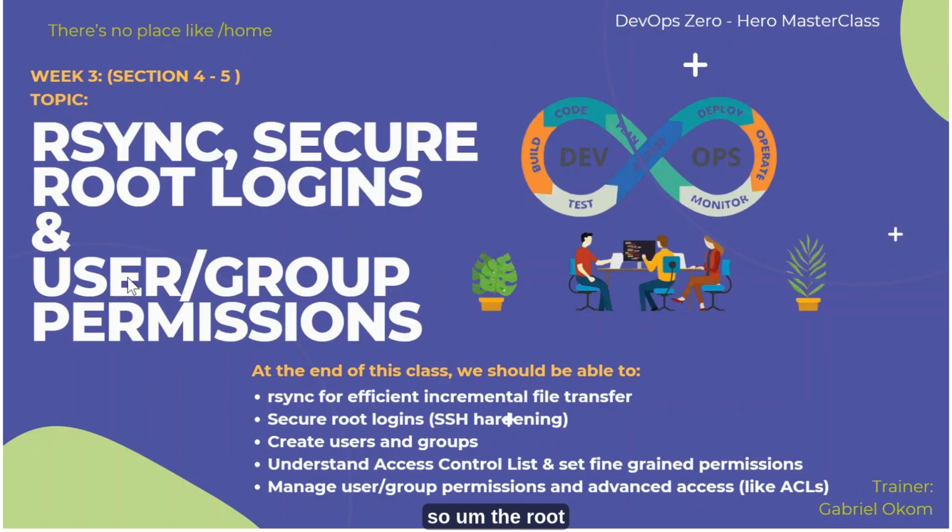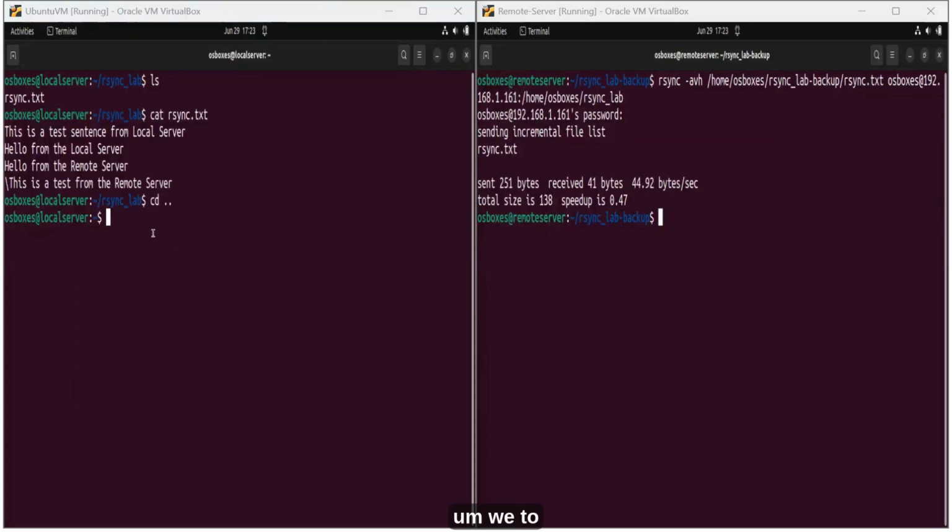So the root user is also a user, but it's a super admin user that is automatically added to the sudo file. To switch to your root, you say su with a dash.